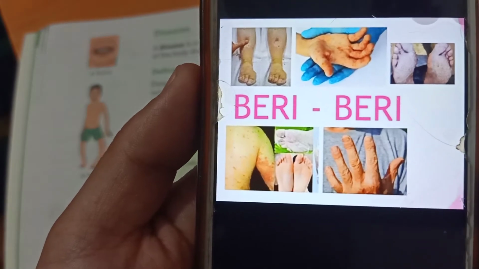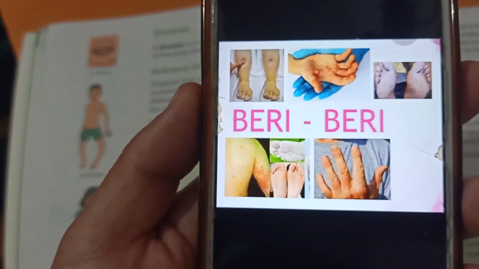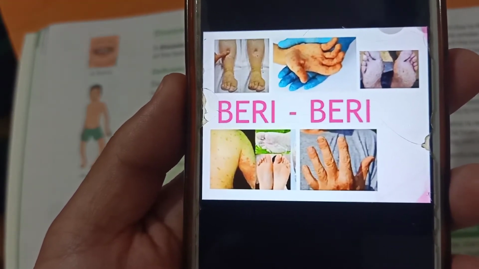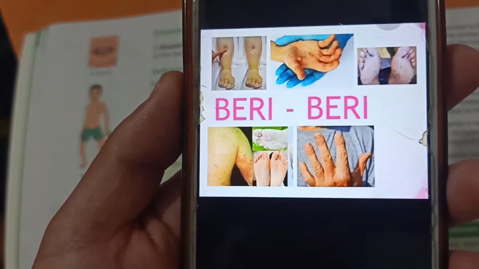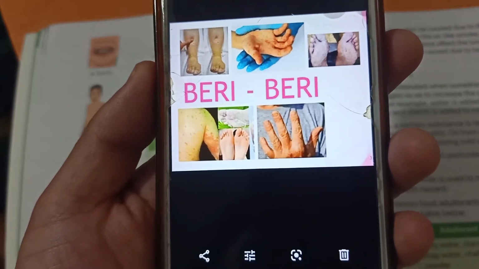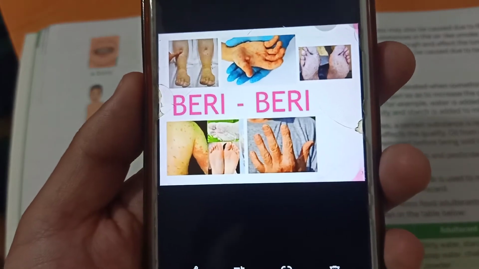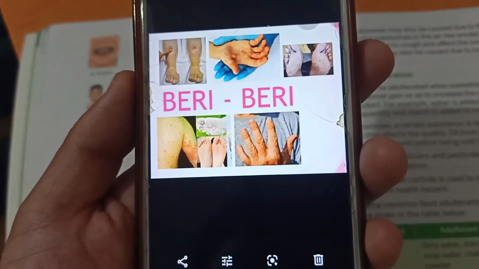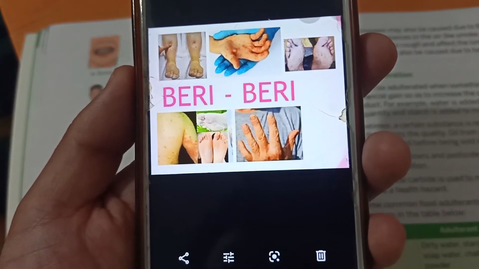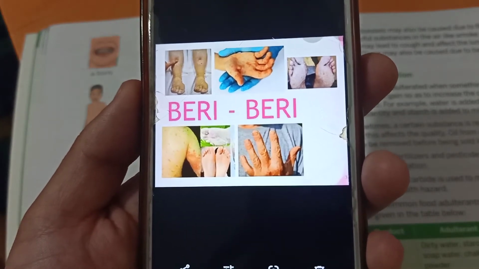And beriberi is a disease which affects our heart and our circulatory system. It can damage our nervous system and can also lead to decreased muscle strength, and sometimes in the worst case muscle paralysis also. So a person suffering from beriberi will not be able to think properly, will not be able to stand on his own, or his heart might not function properly and even cause death.